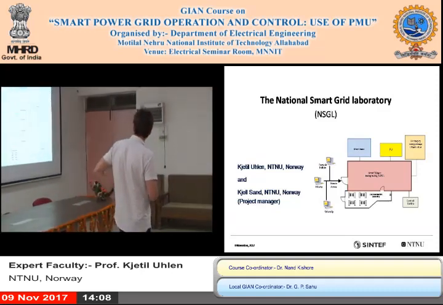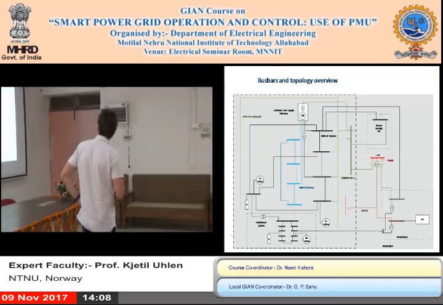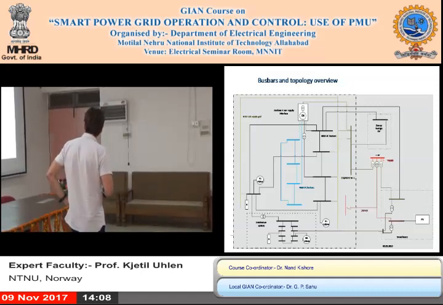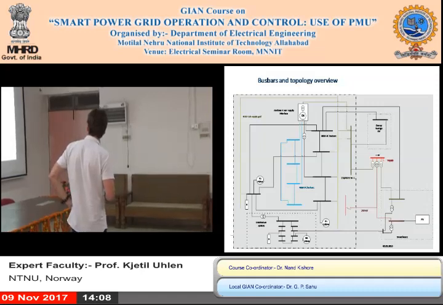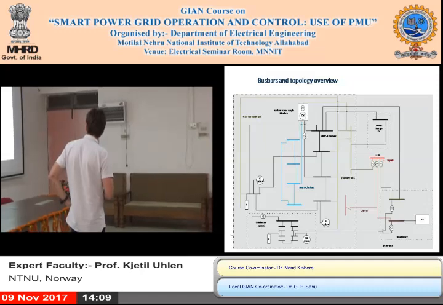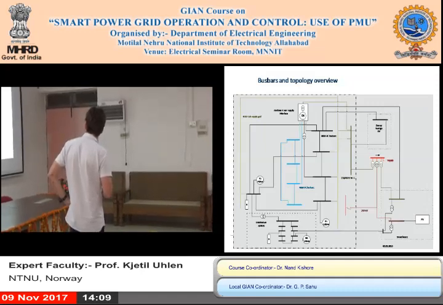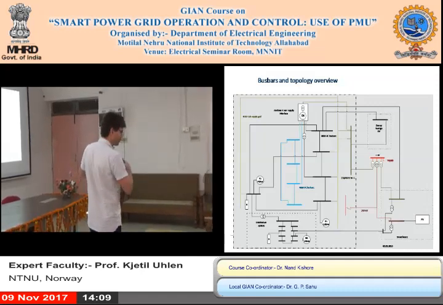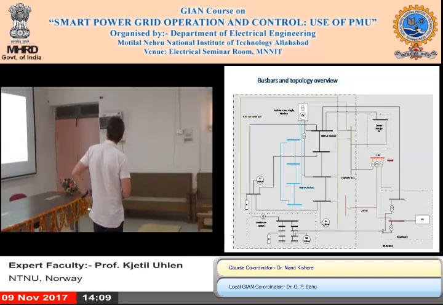The topology in the laboratory is so that we have a number of what we call AC bus bars, the black lines here. They are what we call the bus bars, AC, and then we have a number of DC bus bars. And all this is connected in some kind of grid, which is flexible, so that we can simulate or emulate a power grid in a way.